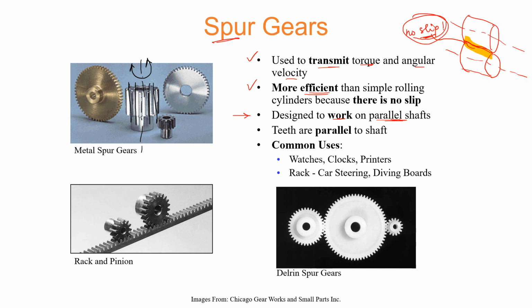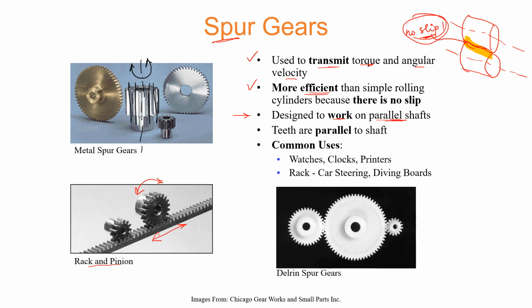Now, you need to also realize that there can be multiple different possibilities. The one that is remarkably different from general spur gears is the rack and pinion mechanism. The difference is that you have the rotation happening on this side, which is the pinion, and the rack is going to have the linear motion.